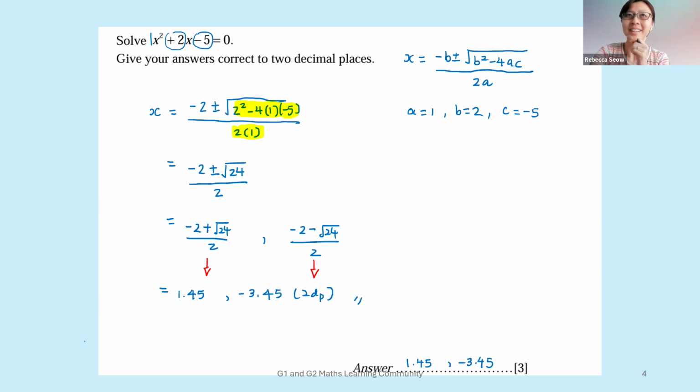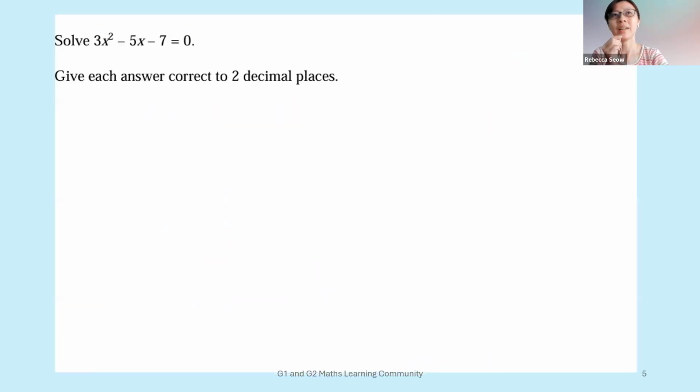Moving on, let's take a look. Again, we have a question that looks quite similar to the first two. Let's quote the formula first. So x equals to -b plus minus square root of b squared minus 4ac out of 2a.